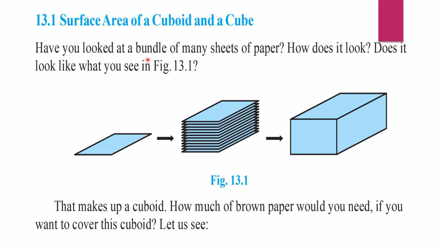Have you looked at a bundle of many sheets of paper? How does it look? Does it look like what you see in figure 13.1? Yes or no, my children? If you look at a bundle of many sheets of paper like this, it looks like a solid that makes up a cuboid.